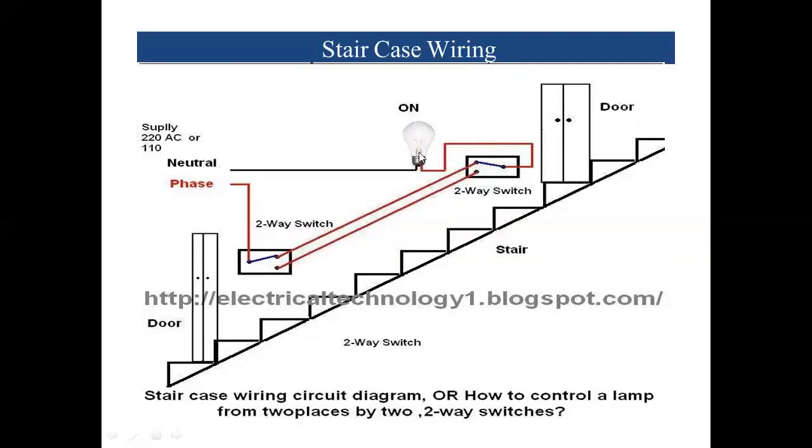So the lamp is controlled with the help of two switches placed in two different locations. That's why you can call it staircase wiring. But nowadays, even inside houses, for each room we are using the two-way control of lamp.